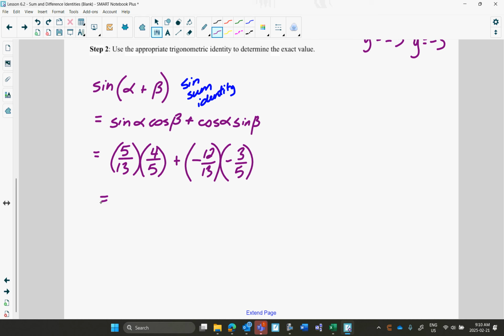So I get 20/65 plus, well, these two negatives multiplied make positive. So I get 36/65, which together make 56 over 65.